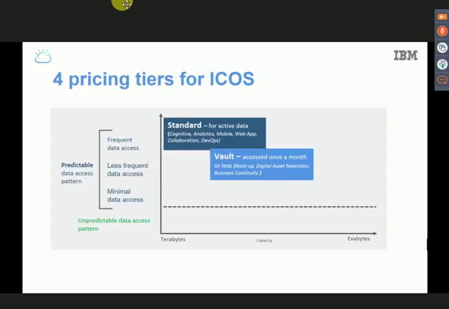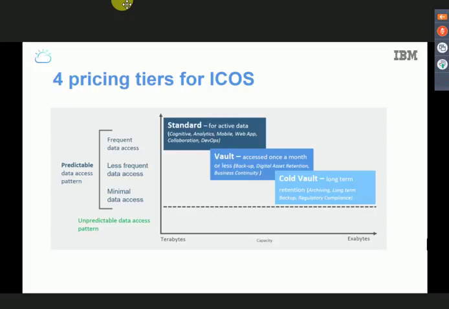Then comes Vault. So Vault, again, we only have 2 dials. A little cheaper to store as compared to standard, but now you have to pay money when you access that data. Again, it's designed for certain types of workload. And then comes the cold vault, which is what Johnny was referring to, the cold backup, as the name suggests. Extremely cheap to store, but expensive when you access it.